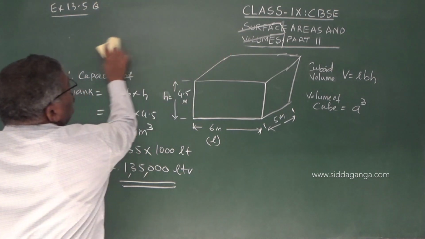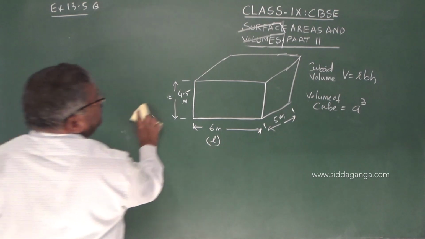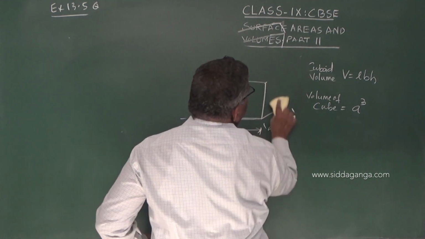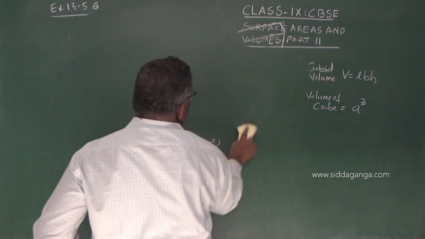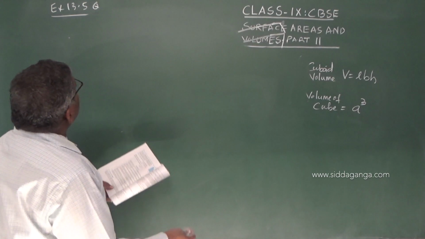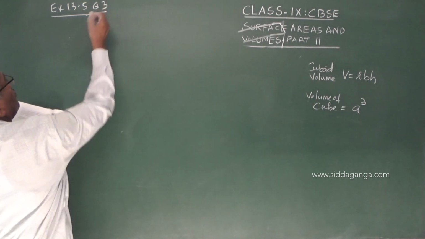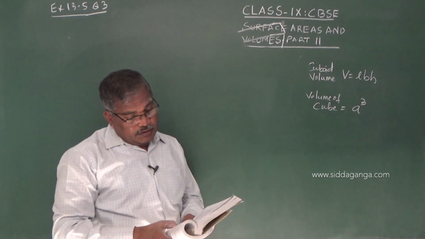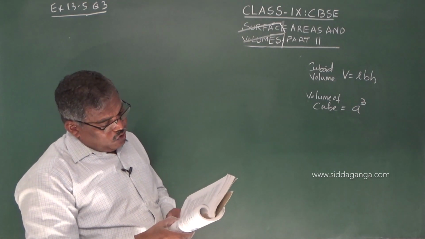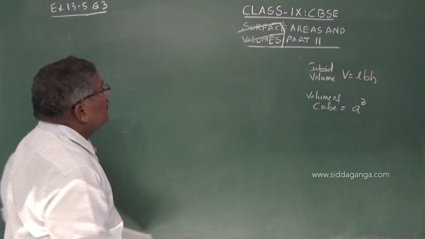Now I move on to next problem. Question number 3. A cuboidal vessel is 10 meter long and 8 meter wide.